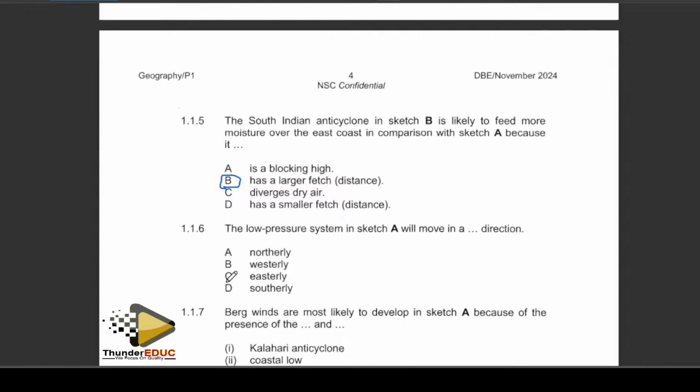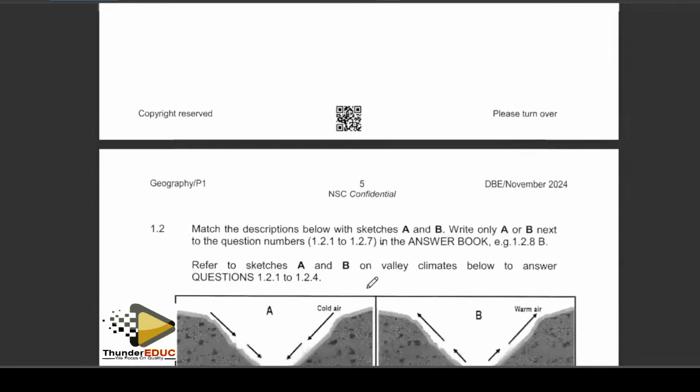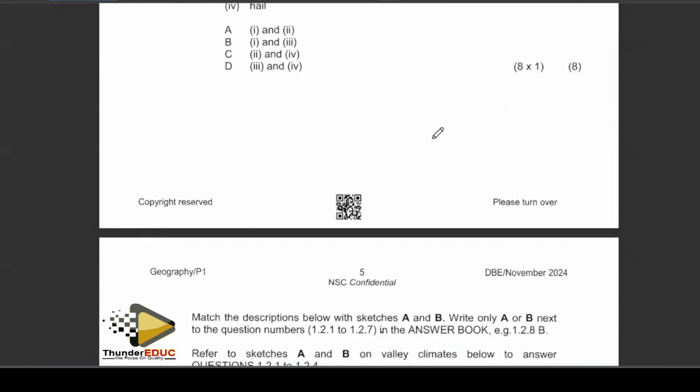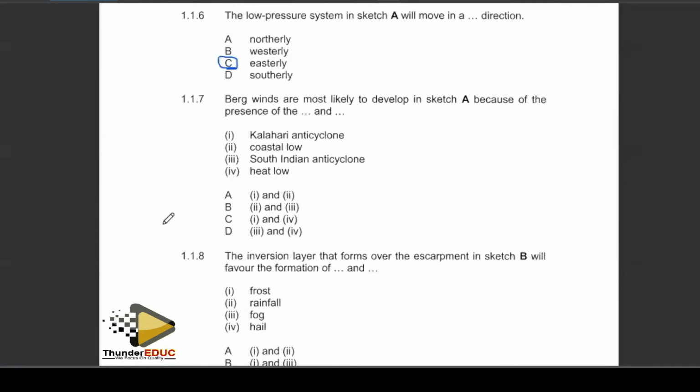So the correct response is in an easterly direction. Easterly direction is the same as west to east. They move towards the eastern direction. That is the movement direction of the coastal low. They start on the western coast around the Atlantic Ocean. They move along the coast and they will dissipate around Mozambique.